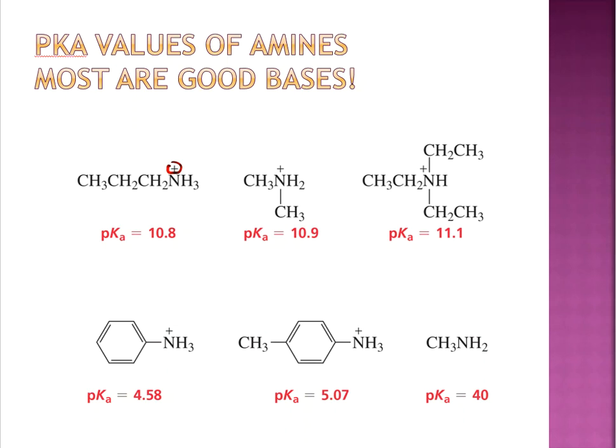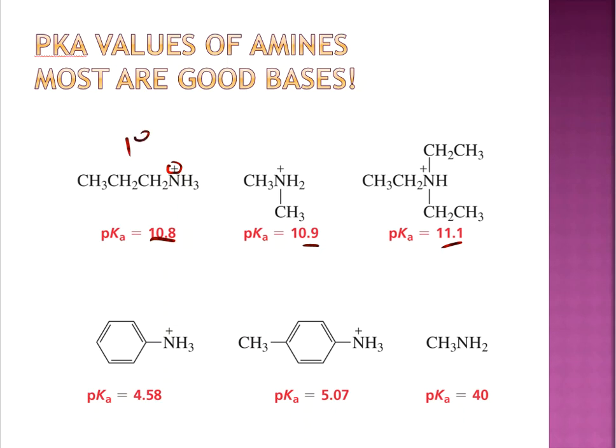Sure, it lowered it. But it only lowered it to 10 and 11 on these three examples. A protonated primary, 10.8. A protonated secondary, 10.9. And a protonated tertiary, 11.1. Folks, they're all super close. It doesn't really matter what kind of carbon they're attached to.